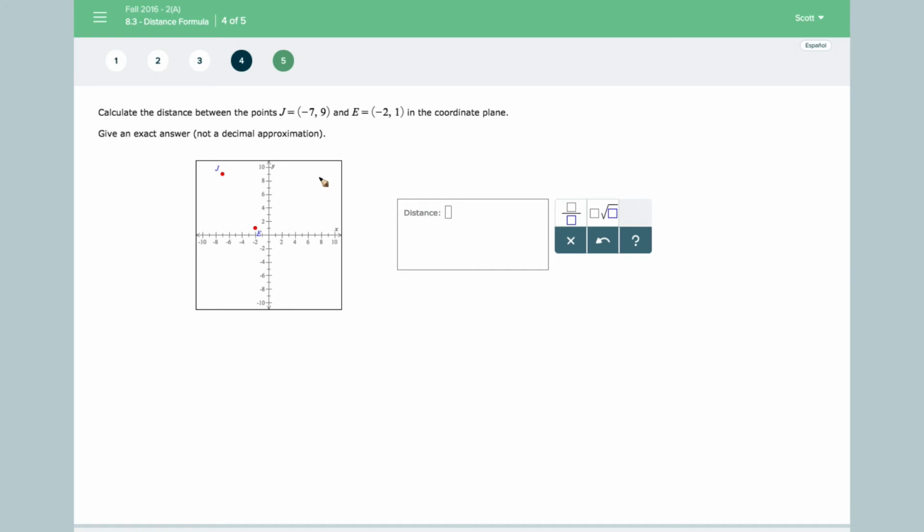Number 4, same thing. -7, 9, -2, 1. Let's subtract them. -7 minus a -2 is -5. 9 minus 1 is 8. We're going to square them. -5 times -5 is 25, plus 8 squared is 64.